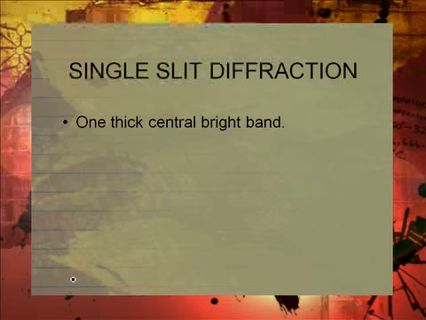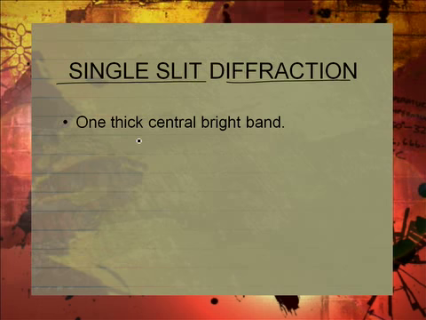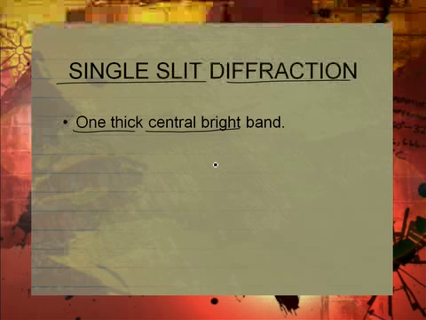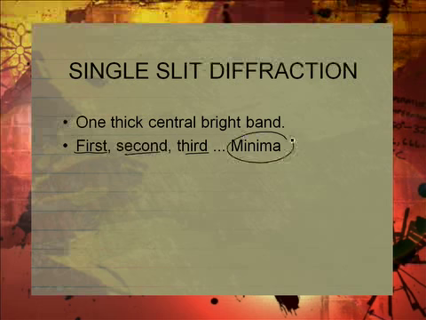Now, when we're talking about single slit diffraction, the key important points are: you have one very thick central bright band. Next, you will have the first, the second, the third minima. You use a small letter m to represent them.